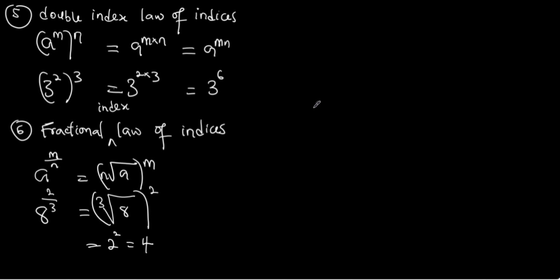If I have, for example, 8 raised to power minus 2 over 3, this is a negative fractional index. It's still almost the same thing. First, this negative, obeying the negative index law of indices, becomes the reciprocal, 1 over 8 raised to power 2 over 3.